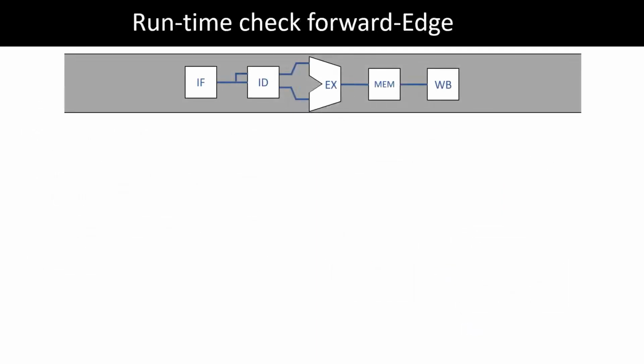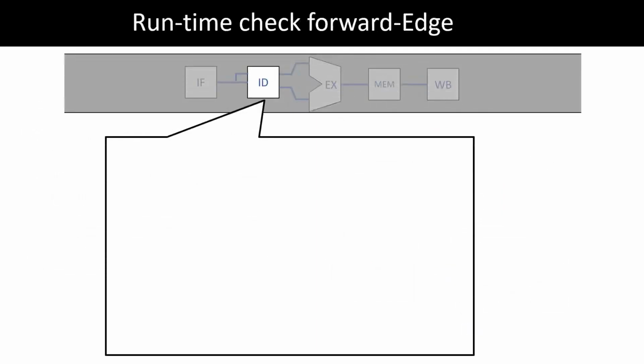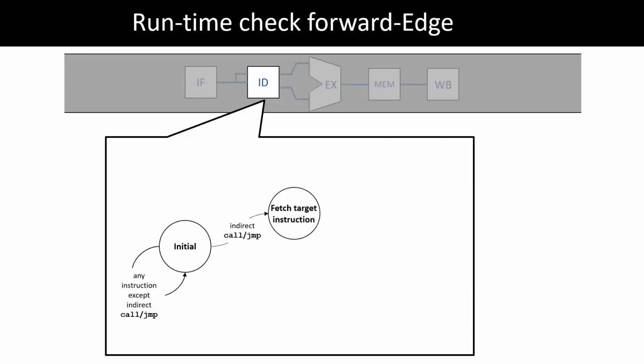Now let's see what needs to happen in the decode stage. Starting from the initial state, if the CPU sees an instruction other than an indirect call or jump, it will stay in the same state. If an indirect branch has been decoded, then it will go to the next state, and using the BTB, it will fetch the next instruction window from the target address.